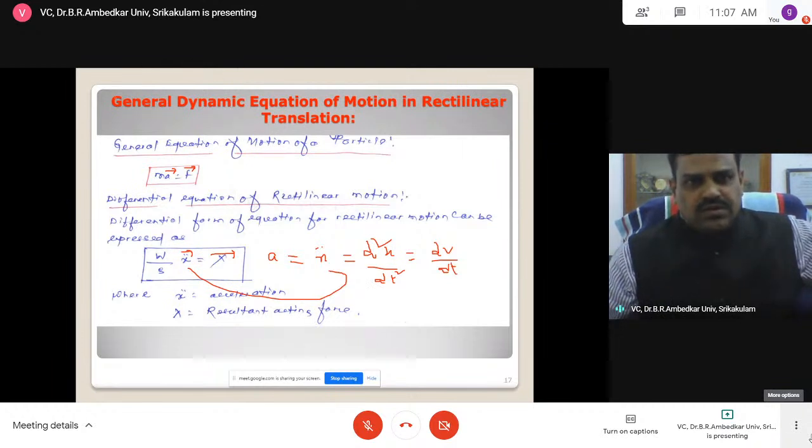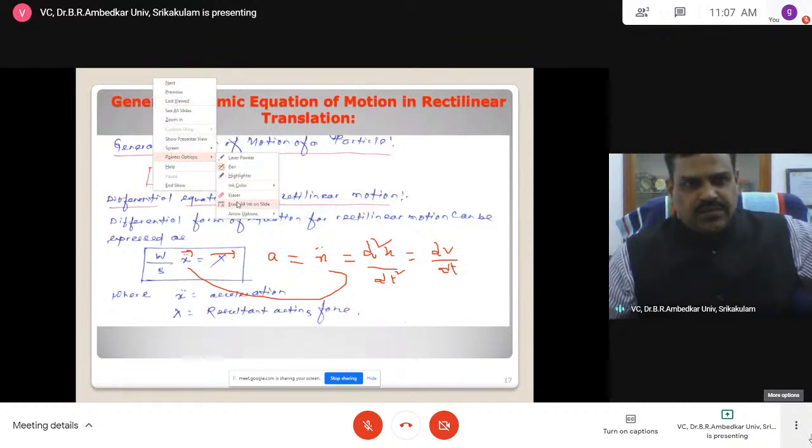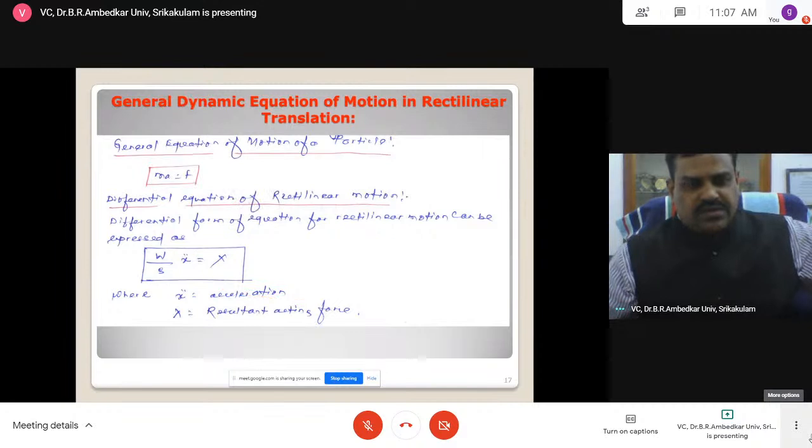So this is how generally we consider the motions. Both are in the same direction. You can represent in any form. The choice is yours, but these are the two standard ways. Books like Timoshenko and Singer and others follow this notation.